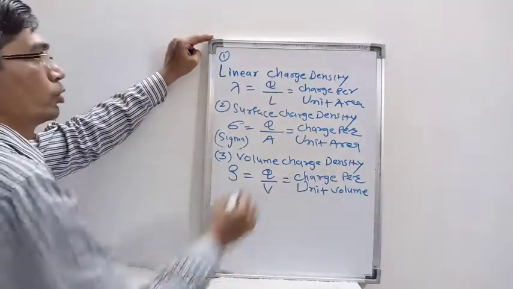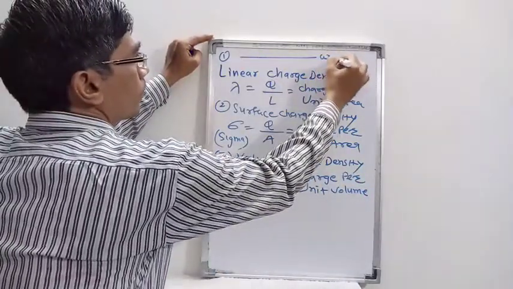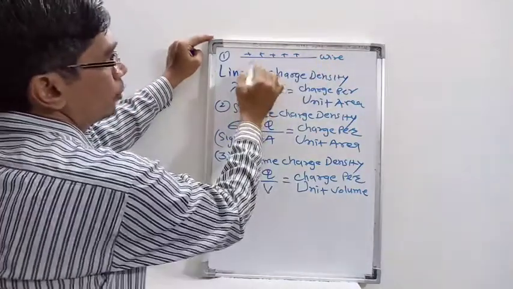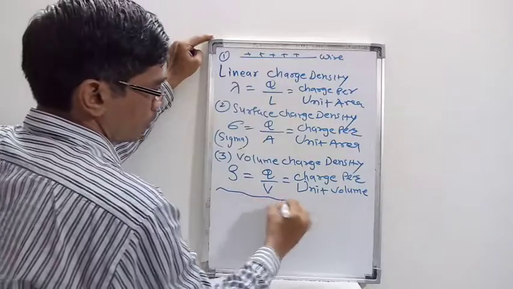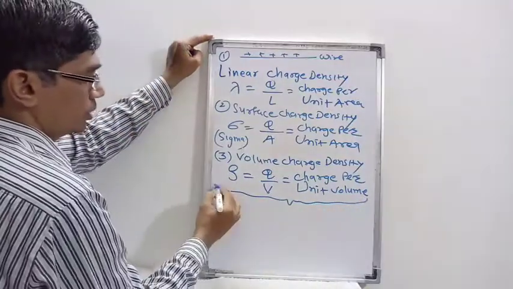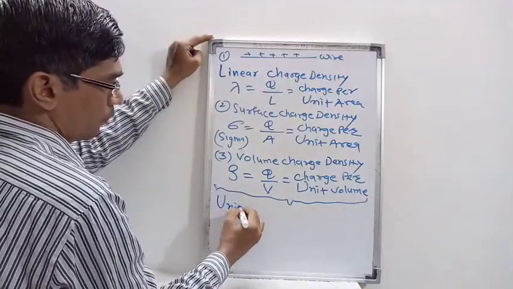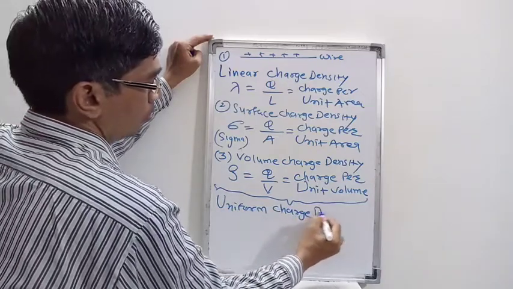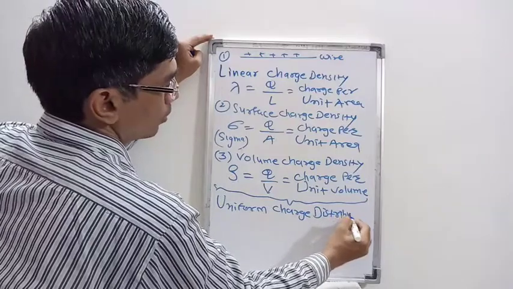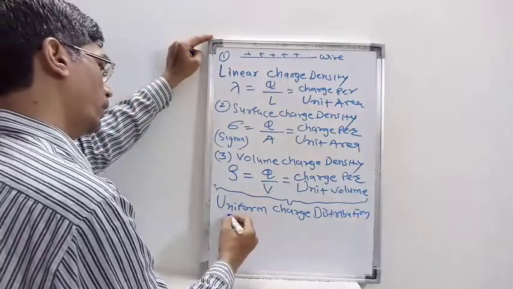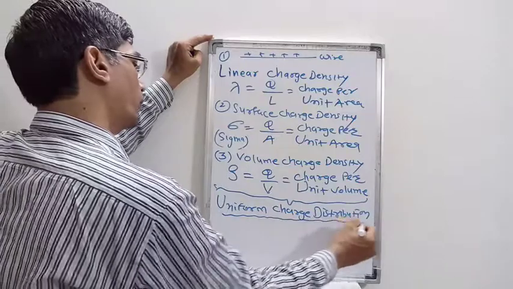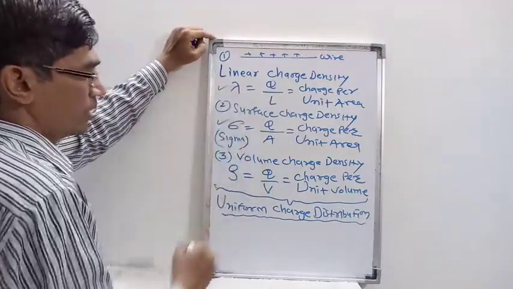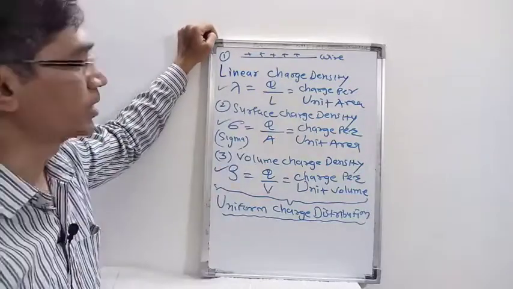When we are taking the charge wire with a uniform charge distribution, we use these. Only when we are taking the uniform charge distribution do we use the linear charge density, surface charge density and the volume charge density.